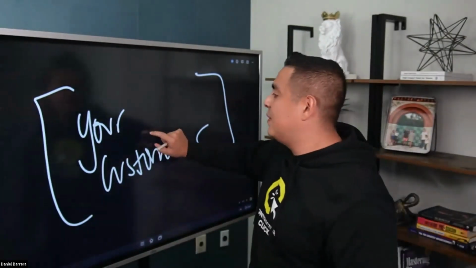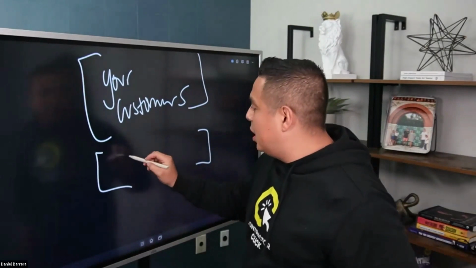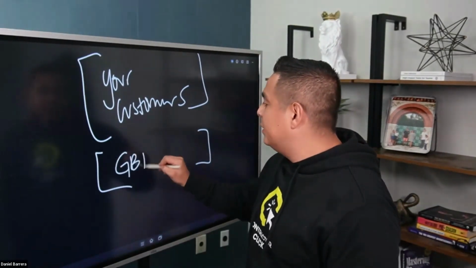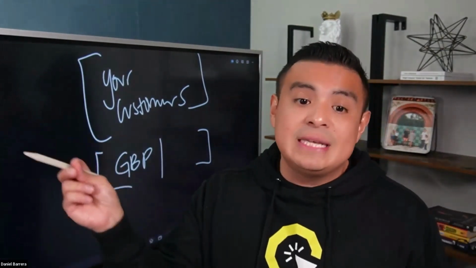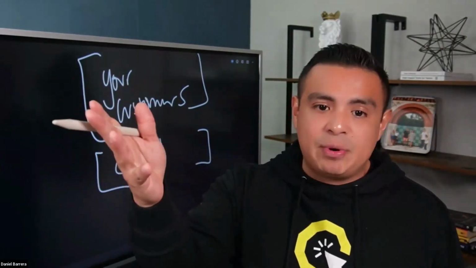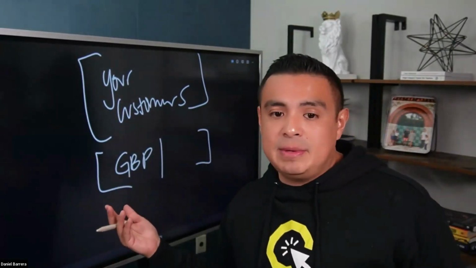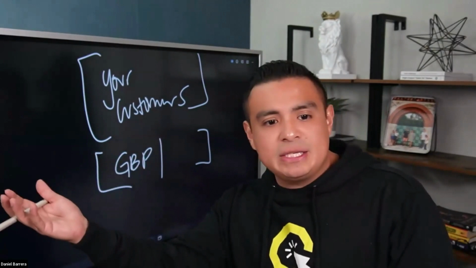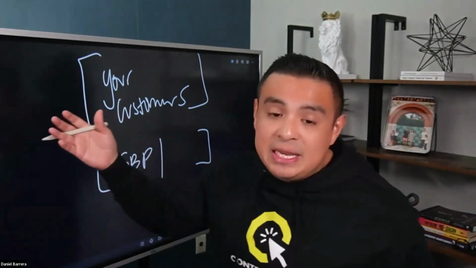The second type of keyword research is what we get from the Google Business Profile. If you have a Google Business Profile, it will tell you what people are searching for that's given an impression. So in some cases, it's going to be your business name. Other times it's going to be like services, concrete polishing, staining, or hardscaping contractor, hardscaping near me, right?